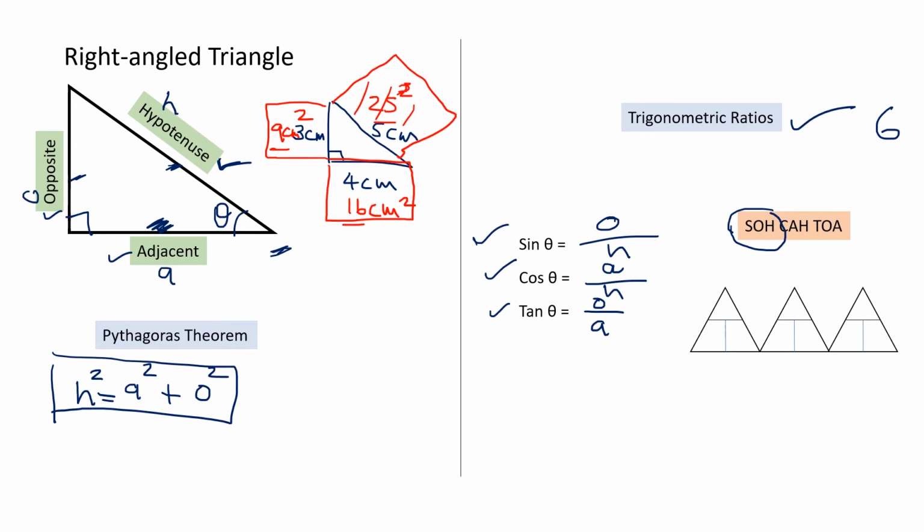If you remember the equation triangle, this equation triangle is useful. From CAH, cos is equal to adjacent over hypotenuse. From TOA, tan is equal to opposite over adjacent.